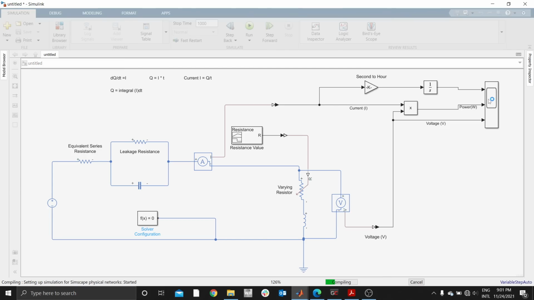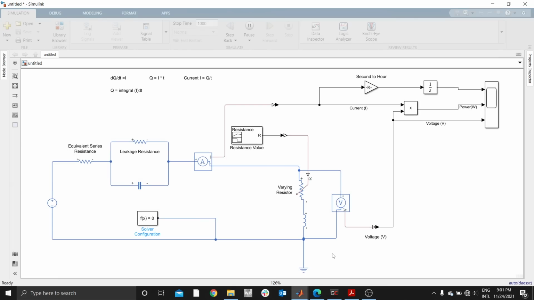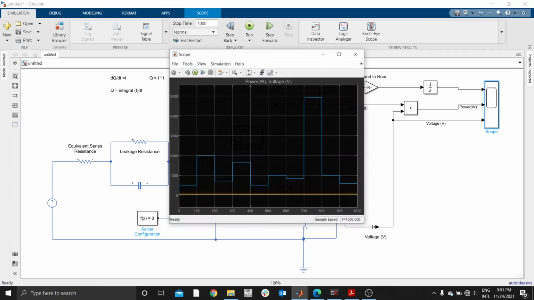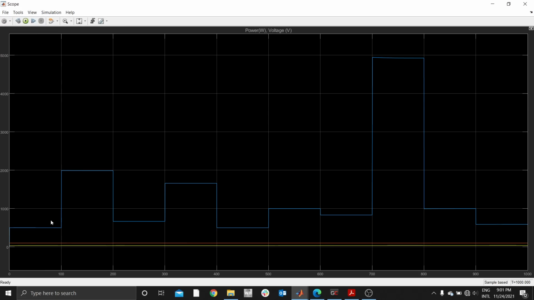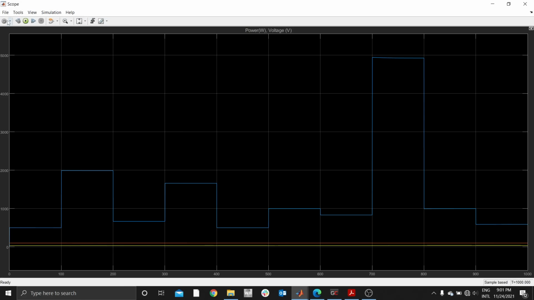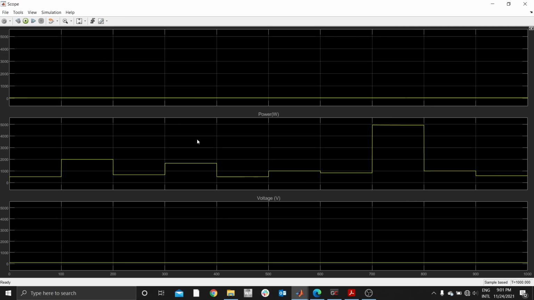Let's see. Okay, let's go to the scope and get the values. Let me maximize here. Let me change this to a 3-layout, so that each can be displayed on its own screen.